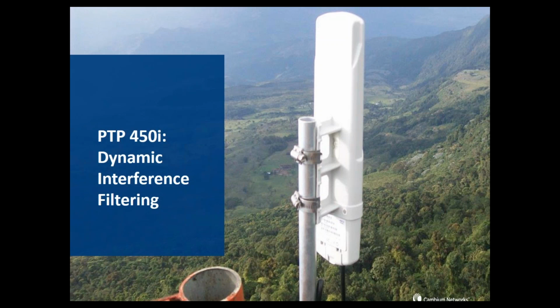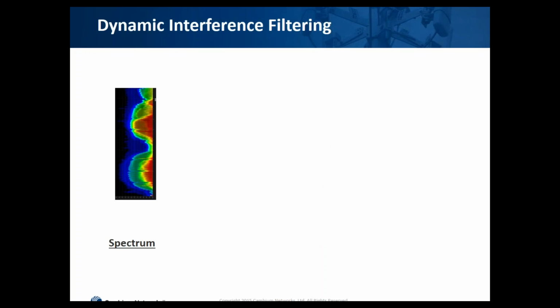So now let's talk a little bit about the PTP 450i dynamic interference. A lot of times when you see an actual channel, it looks something like this, where you have the spectrum, with some parts being utilized, some of them not, but due to RF, somehow you try to find a clean channel.